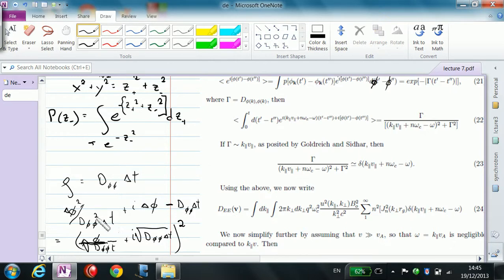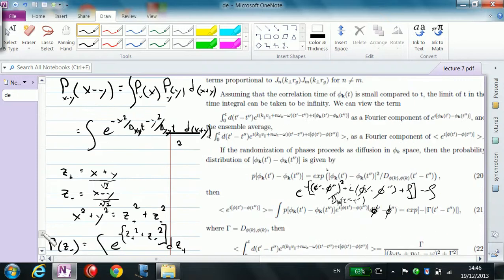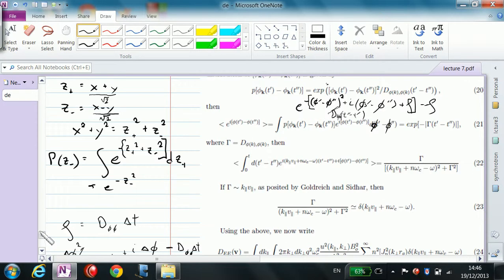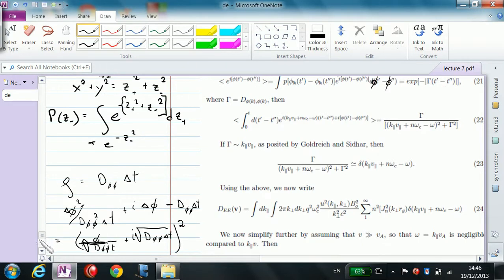Okay? You believe that this is equal to this squared? Yeah. Okay, so therefore I want to make this, I want to make this, I guess.